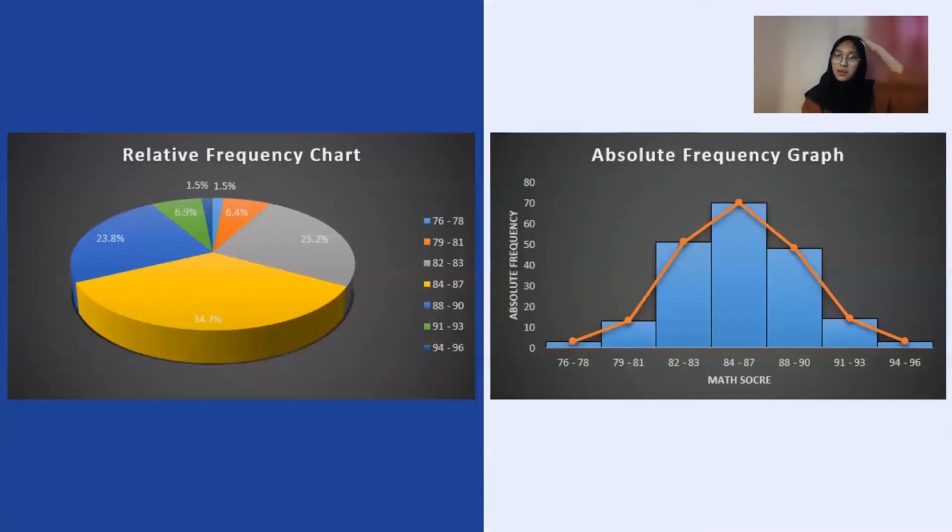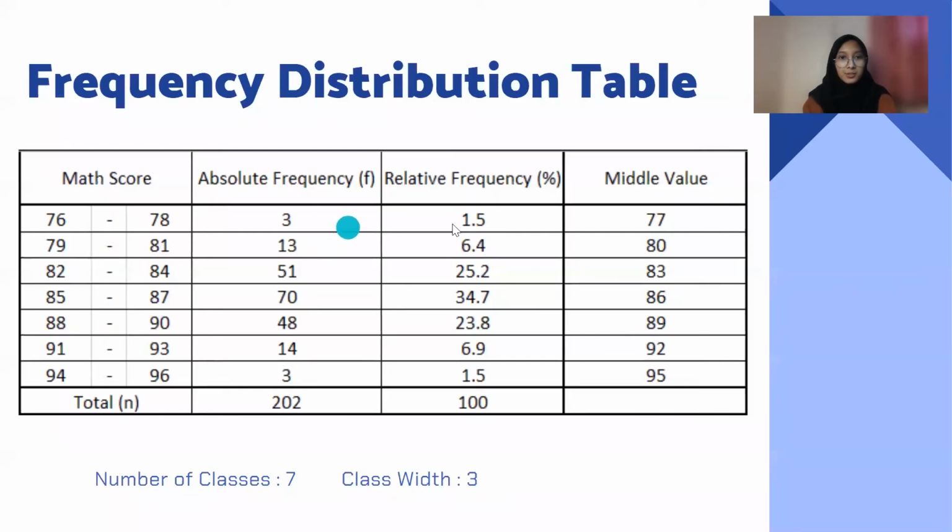Okay, next. So I made these two graphs. The first one is the relative frequency chart, and the second one is the absolute frequency graph. So I will discuss the first chart, relative frequency. I made it as a pie chart, and I used the data from this relative frequency.